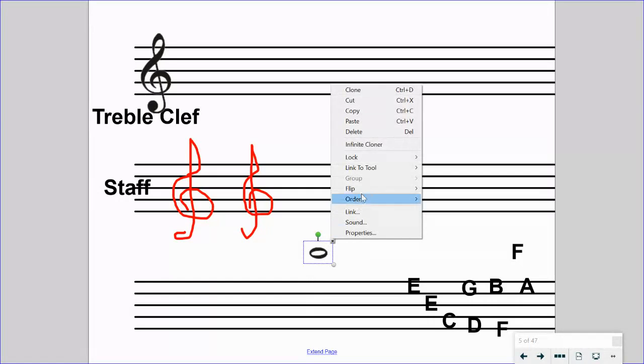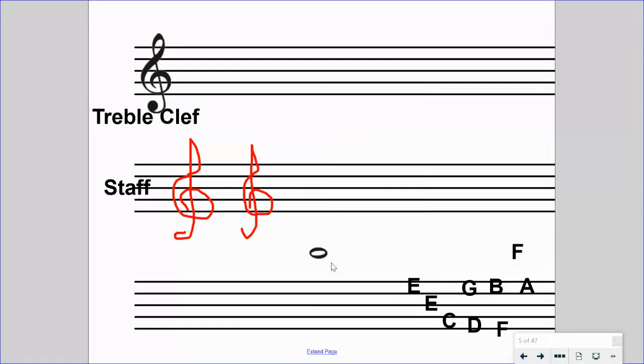Now, who can think to themselves, what were the names of the lines in the treble clef? Yes, except we don't use the word on because there is no O in the music alphabet. Okay, so now a line note is a line note because the middle of the line goes right through the middle of the note.